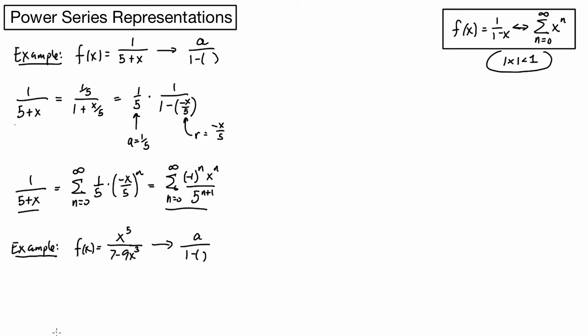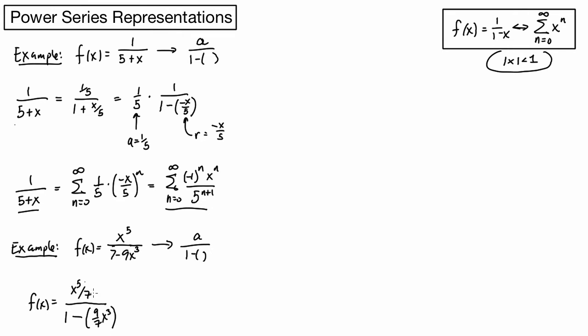All right, the obvious thing to do here would be to proceed just like I did here. I want a 1 in this position here, so I divided by 5. I currently have a 7 in this position, so I'm going to divide by 7. So if I divide the top and bottom by 7, the function becomes x to the 5th divided by 7 over 1 minus, and here I've got 9/7 x cubed.